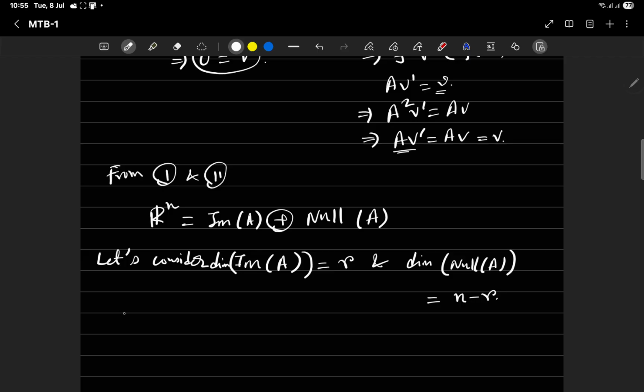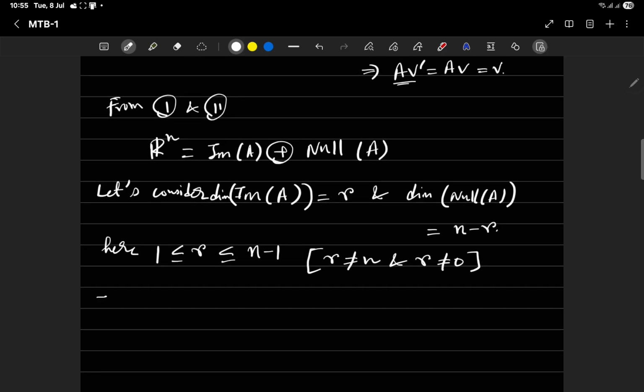N minus R. Now here is the important thing: what is R? R should be greater than or equal to 1 and less than or equal to N minus 1. Now you will argue why R cannot be N. Important: R is not equal to N and R is not equal to 0. Why? One by one we will see.